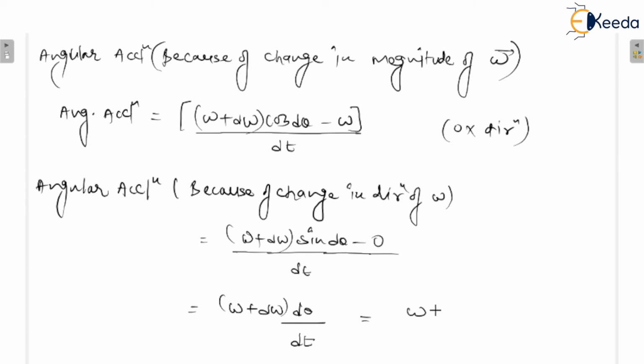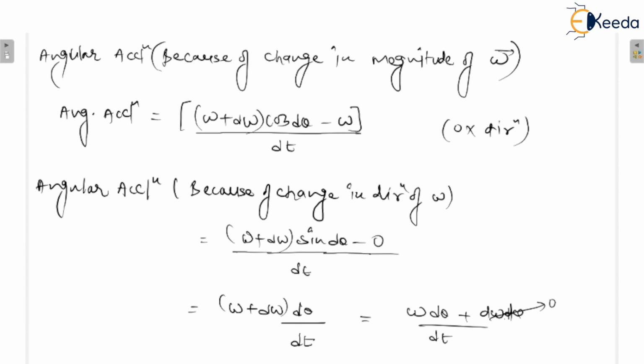Are you getting my point? When you open the bracket, you will get omega d theta plus d omega d theta, which is also very small. We can neglect this because both are very small differential quantities multiplied together.